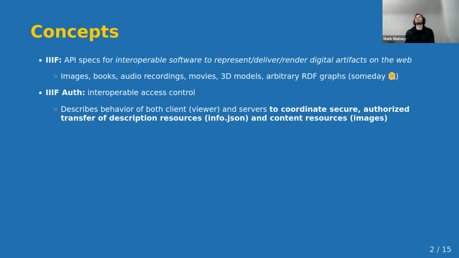And the reason why this is non-trivial is because IIIF viewers are implemented in JavaScript, and content resources are typically loaded by the browser passively by elements like the image element or audio element.